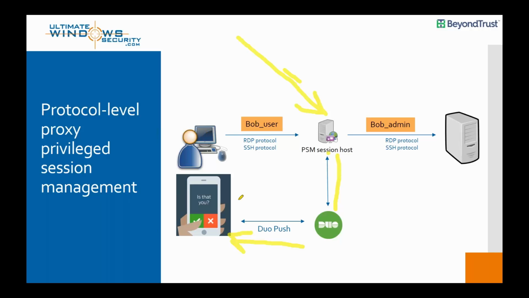Bob has to have his phone, a completely different system, an out-of-band channel, to authenticate that. So the bad guy would have to be present at that phone or have otherwise compromised that channel as well in order to get into that session. And so that's really cool. Even if this system is completely compromised, he's still not going to be able to initiate his own session. And I just love that.